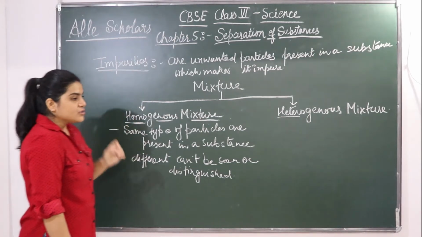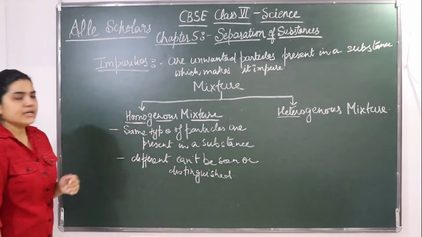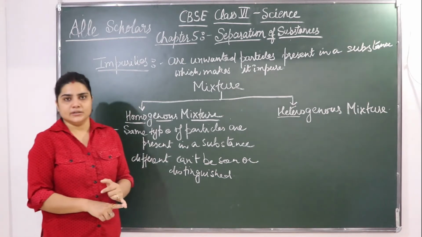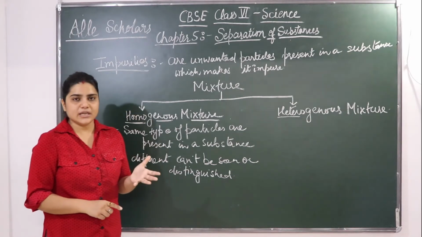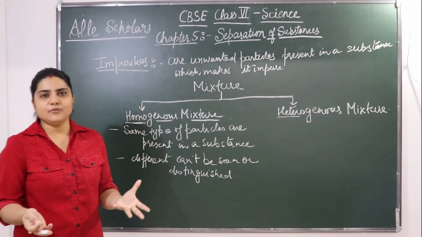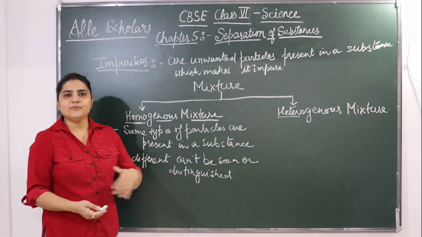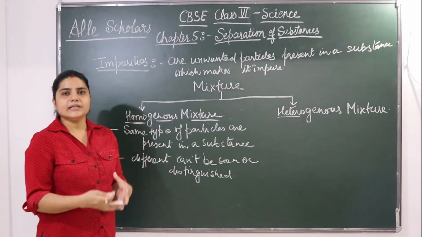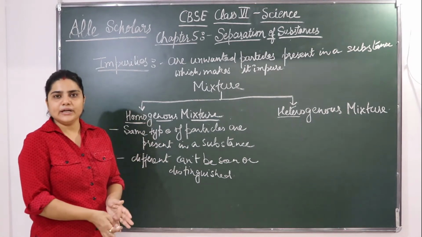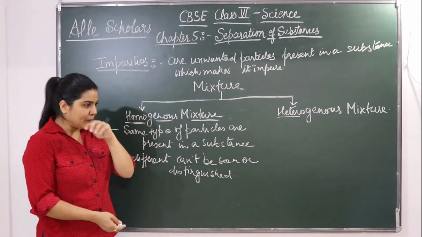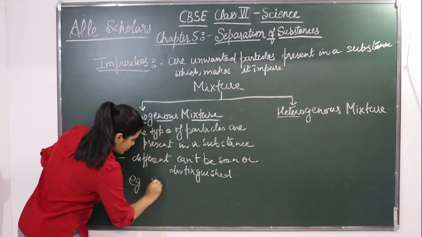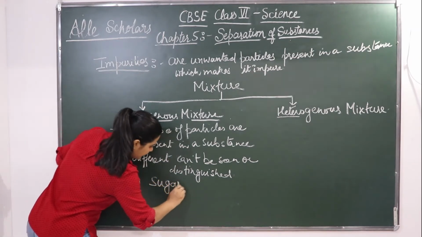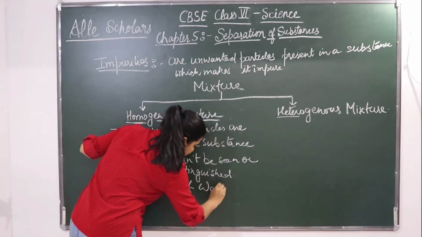Okay, so an example you can say is a solution of sugar. If you make a sugar solution with water, can you see sugar separately and water separately? No, it gets fully dissolved in it. It mixes well and gets fully dissolved. You can't see it. Okay, so the example is sugar and water solution.